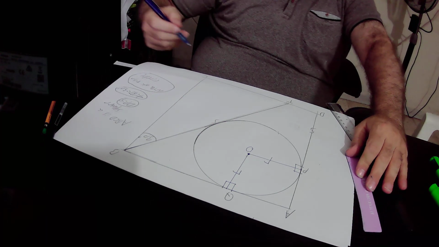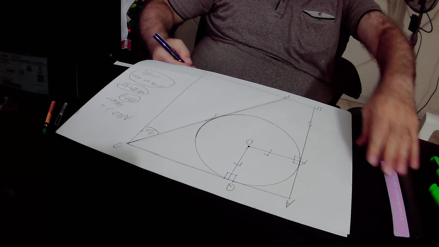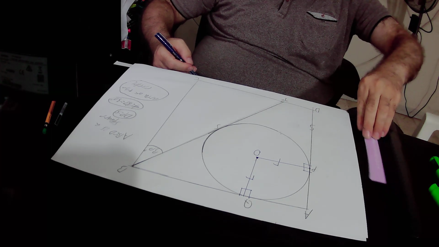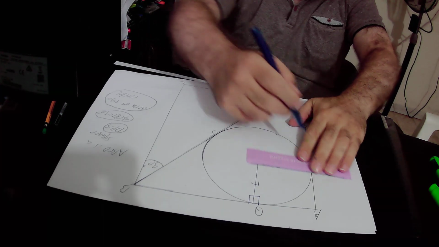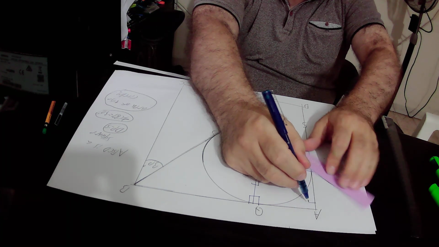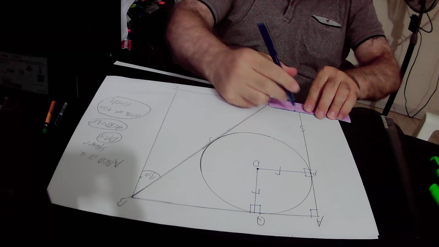We know that all the angles inside a square are right angles, so all the angles inside this square ABCD are right angles, so this angle is equal to 90 degrees. This angle is also equal to 90 degrees.